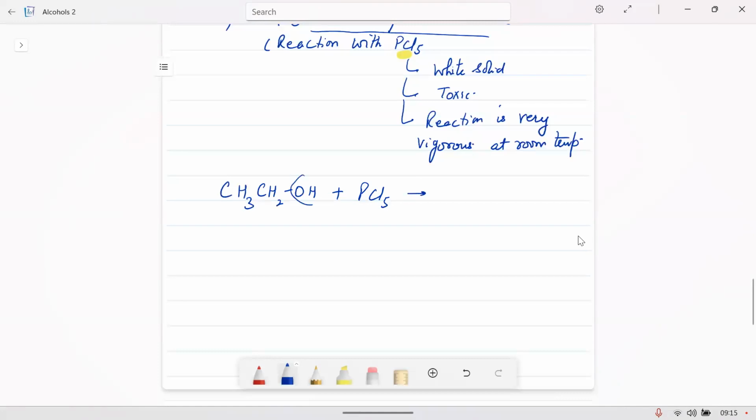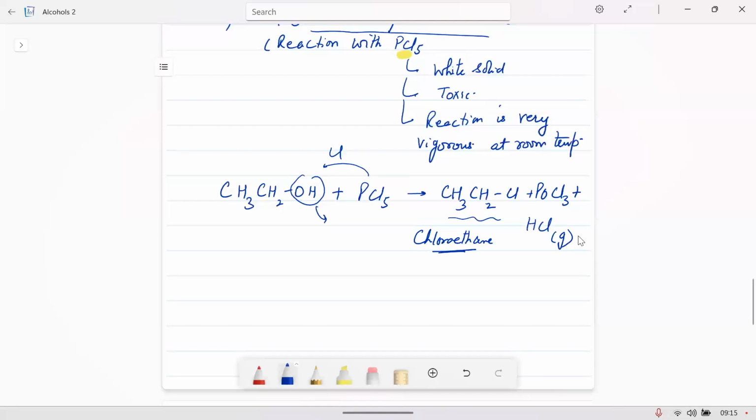What happens is this OH goes out, one of the Cl will come over here. It will form CH3CH2Cl plus POCl3 plus HCl gas. So this is your chloroethane, which you want.